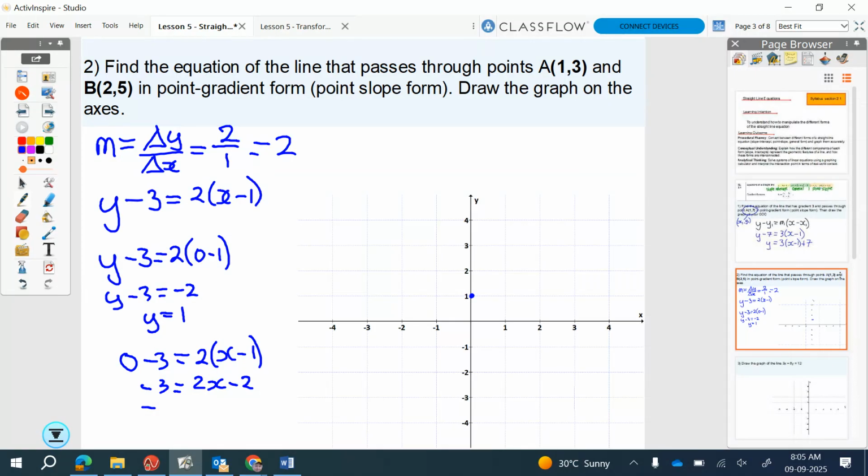And then we move this across. We add 2 to both sides, we get minus 1 is equal to 2x. X is equal to minus a half. So then we can plot that point. So when y is equal to 0, x is equal to minus a half, the graph is going to go like this.